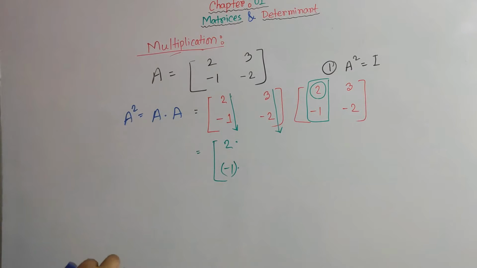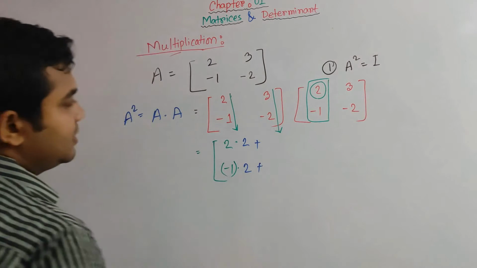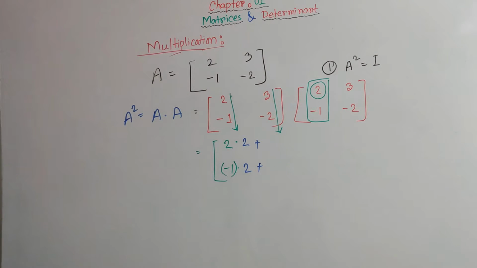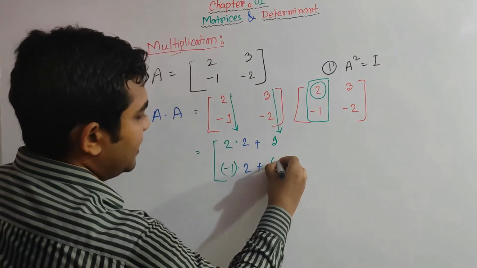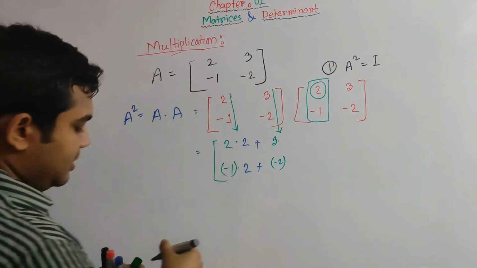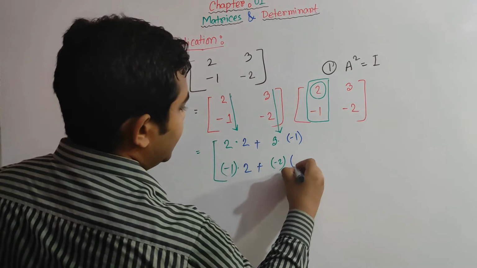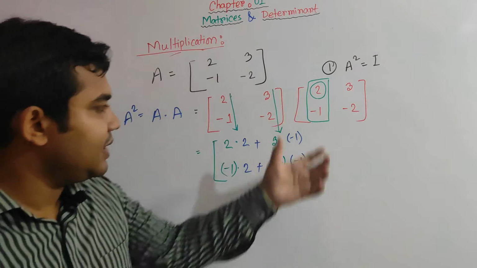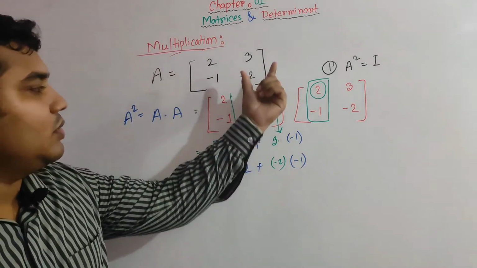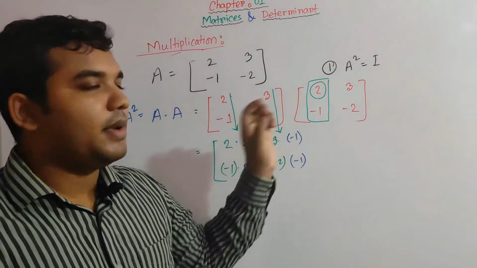Should be multiplied with, tell me, exactly 2, plus what do we have to write? We have to write 3 and minus 2, that is this column, which must be multiplied with what? Tell me, exactly minus 1. Thank you, minus 1. Is it very difficult? I don't think so. We are thinking about the column, and this was the ith row, this was the jth column, and the ith row must be multiplied with this, the jth is multiplied with this, complete.